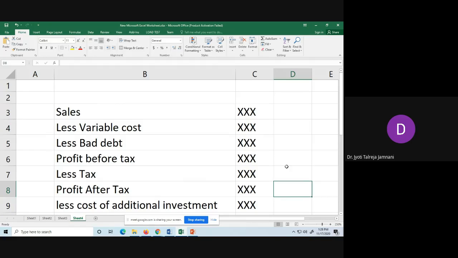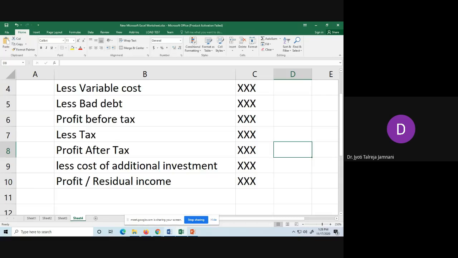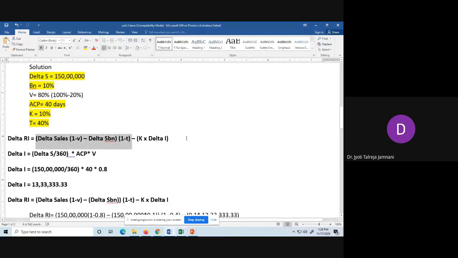From that we will do 1 minus T, which is minusing the tax, and we'll get profit after tax. After that, the only cost remaining is K into delta I, which is nothing but the cost of additional or incremental investment, which we will minus to get the value of residual income. So that's how the formula is made. If you cannot learn it by heart, remember the logic and redo or rework on it.